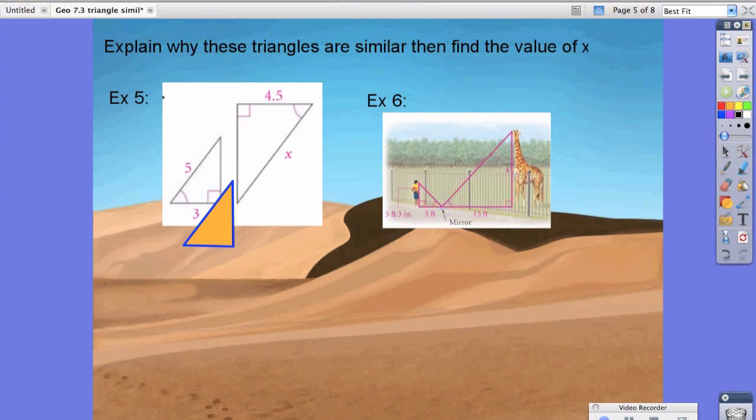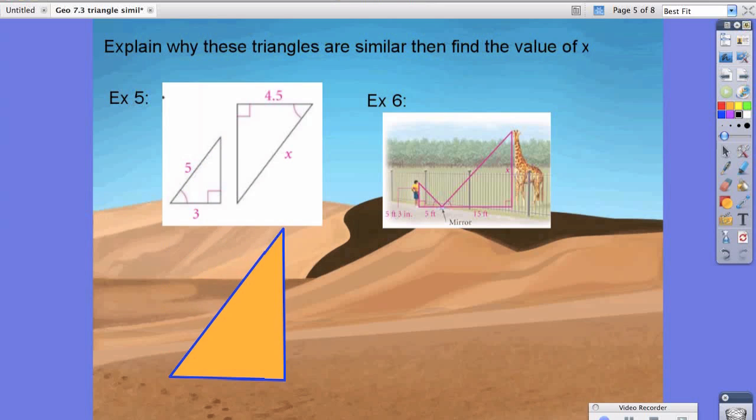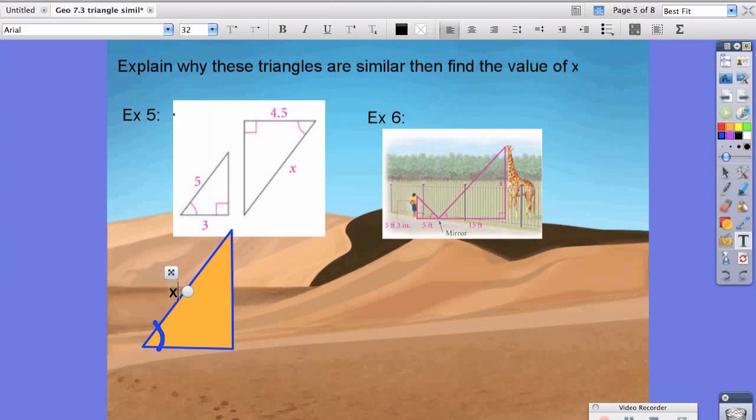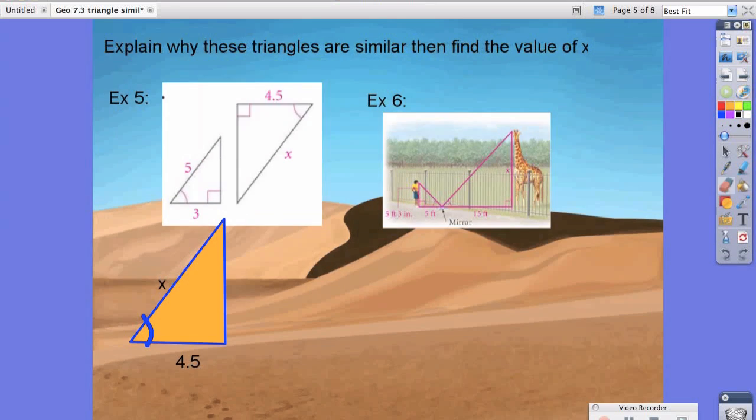Okay, so we have the smaller triangle, which has the 5/3, and we recreated the larger triangle, which we turn right side up so it's facing the same direction. The hypotenuse turns out to be x, and the base turns out to be 4.5. And of course we have our right angle.